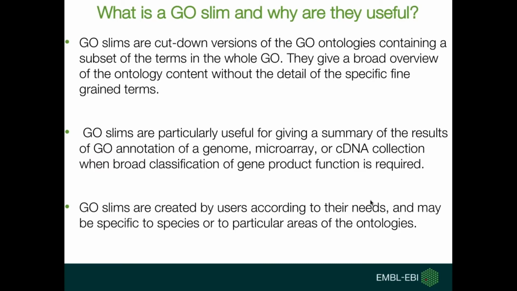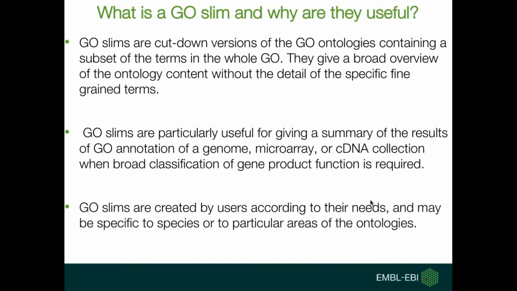In other words, we are cutting down a lot of the specific terms for really generic terms that will give us an overview of the proteome that we're looking at, the things that have been annotated to it. And these are really helpful when you're doing big experiments like a microarray or cDNA collection, or you're trying to analyze mass spec results and you get a lot of hits.